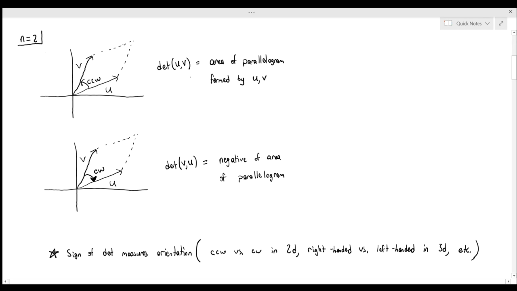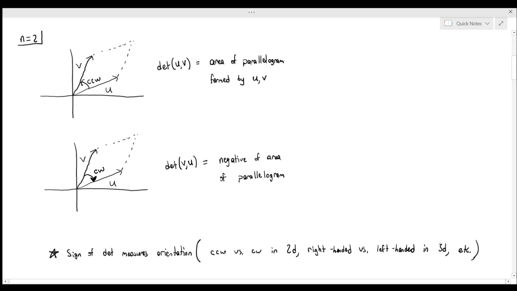To understand why one ends up positive and the other negative: if I start with u and then follow it with v, that has a counterclockwise sense of direction to it. But if I start with v and then follow it with u, notice that now it has a clockwise sense of direction instead.